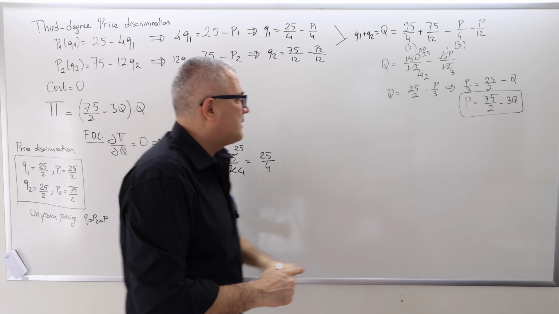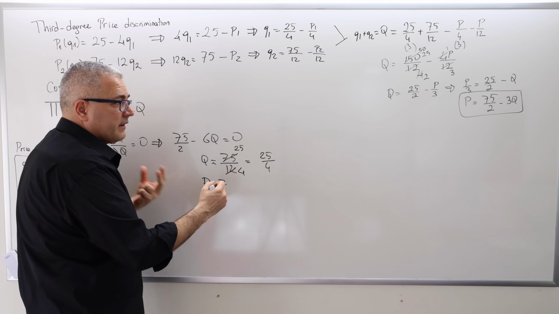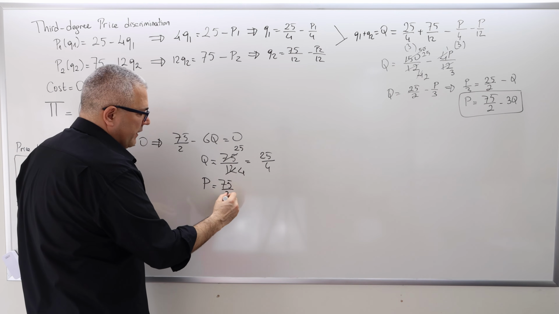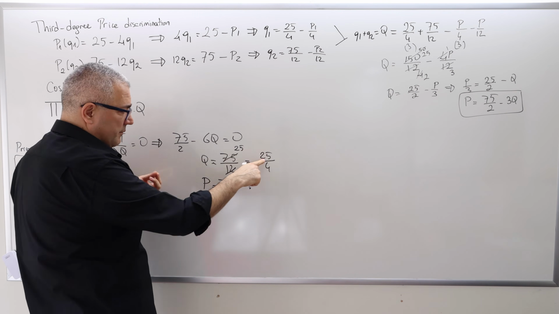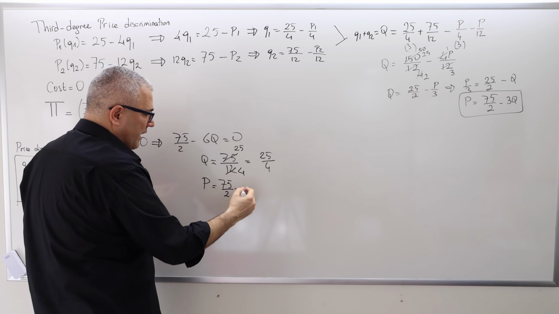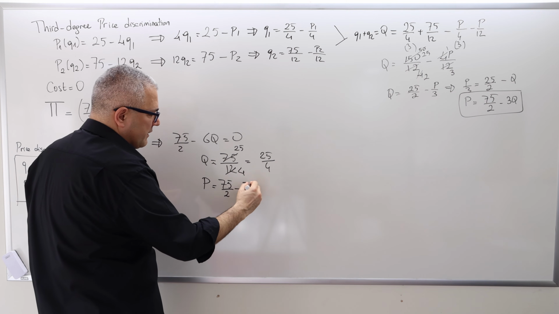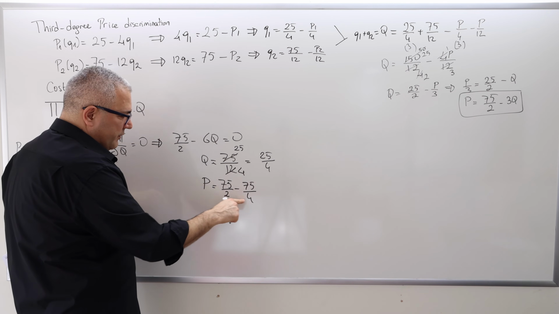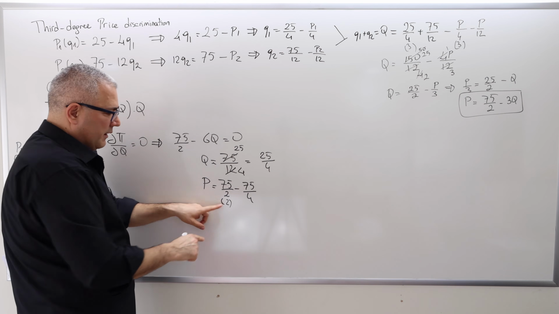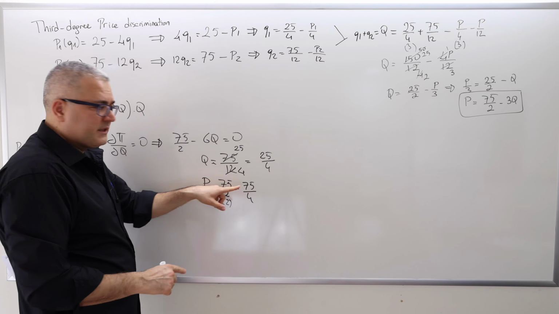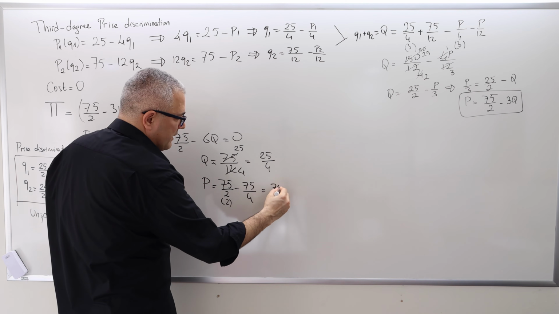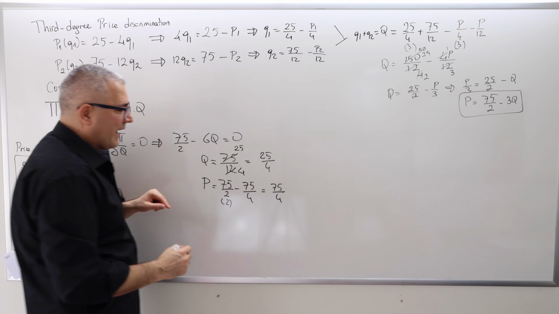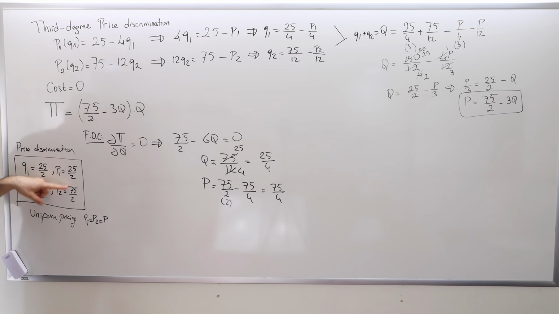So this is the aggregate demand curve: 75 divided by 2 minus 3 times Q, which is 3 times 25 divided by 4, I mean 75 divided by 4. Because this is 2, this is 4, just multiply this by 2. 150 minus 75, it's going to be 75 divided by 4. That's the price.